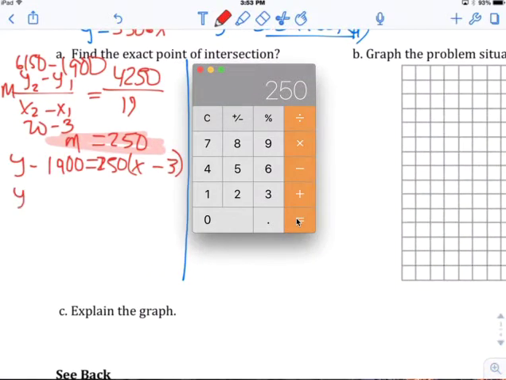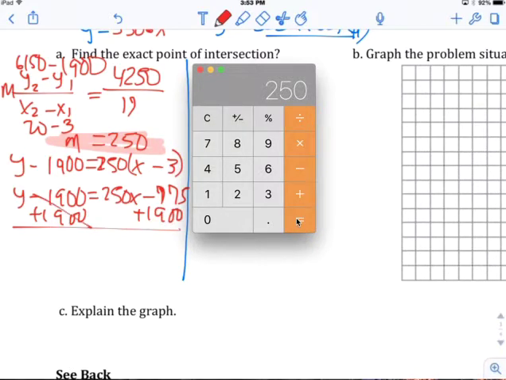So Y minus 1900 equals 250X minus 775. Add 1900. Y equals 250X plus 1, 2, 2, 5.